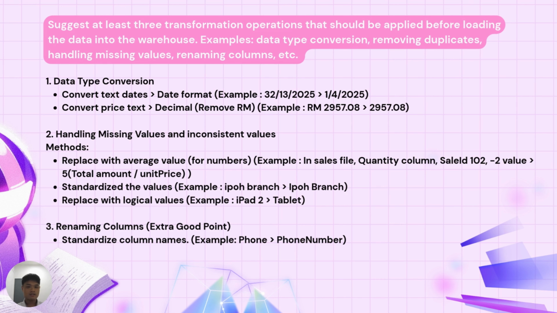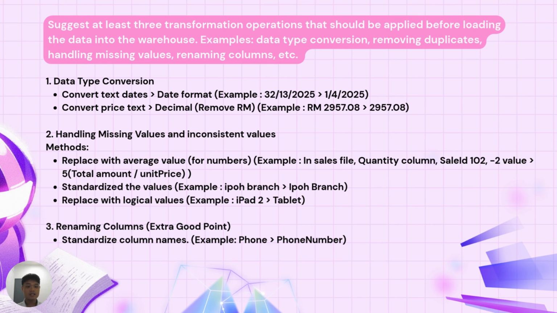Okay, for section B, question 2, suggest at least 3 transformation operations. So I have put 3 transformation operations, that is data type conversion, handling missing and inconsistent values, and renaming columns. For the first one, data type conversion, for example, is convert the text date into date format. And the second one is handling missing values and inconsistent values.